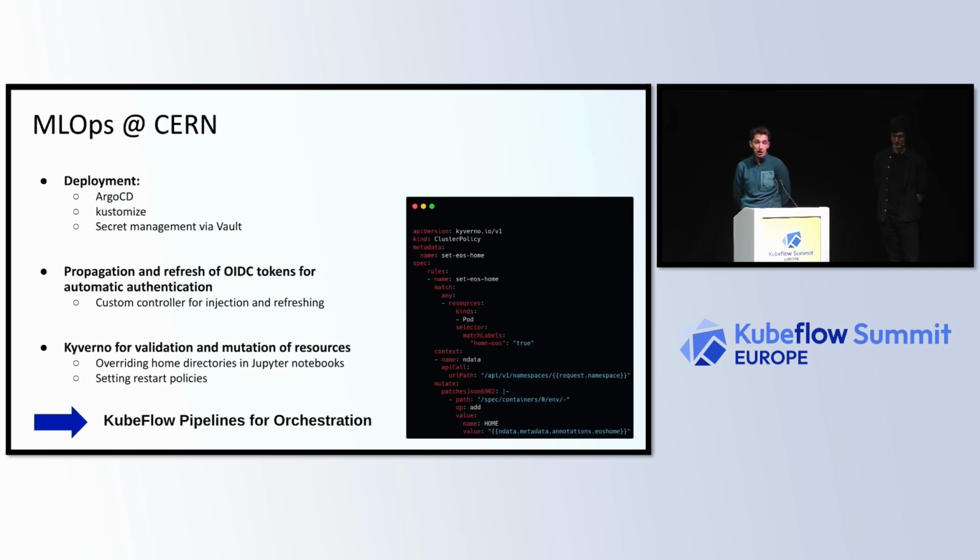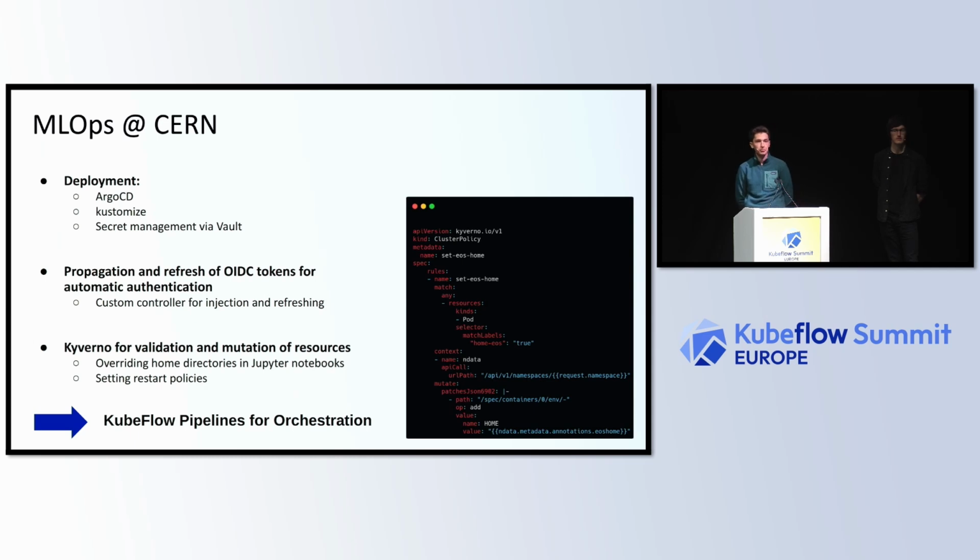So in terms of how we deploy Kubeflow at CERN, we do everything with GitOps, with Argo. Of course, we use Kustomize, and we manage secrets via Vault. For some integrations with storage systems at CERN, we need to authenticate with OIDC. We mount this storage system as a home directory for users in notebooks.